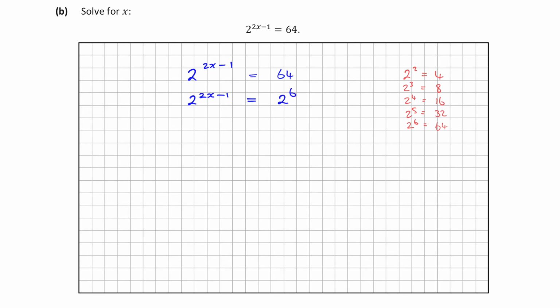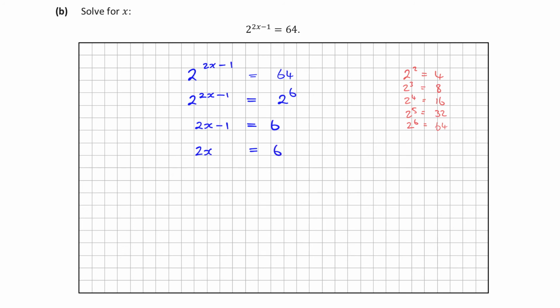Okay, so now because I have the same base, I can let the powers equal each other. So I can say that 2x minus 1 is equal to 6. That's very important there. I have to make sure I have the same base, which I have. Now it's just a matter of using simple algebra to solve, right? So 2x is equal to 6, and I'm going to bring that negative 1 across.